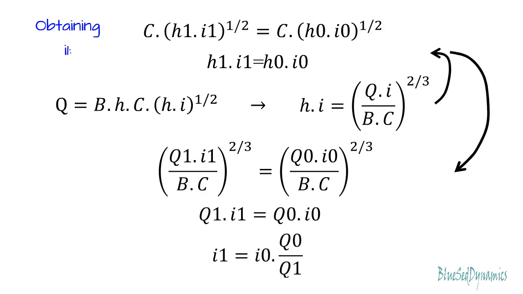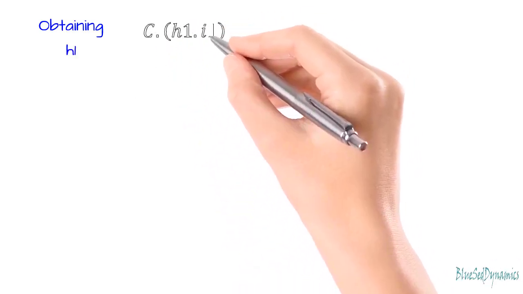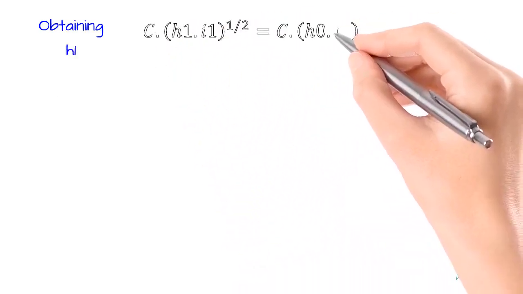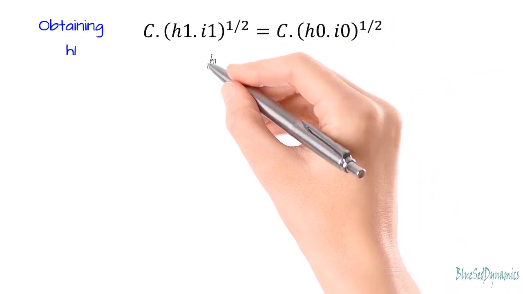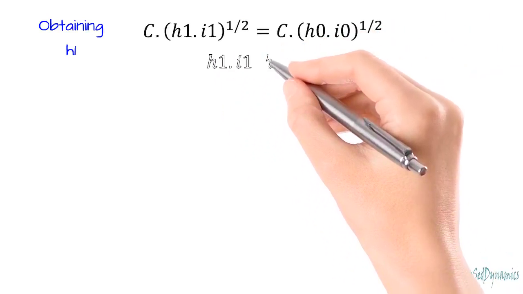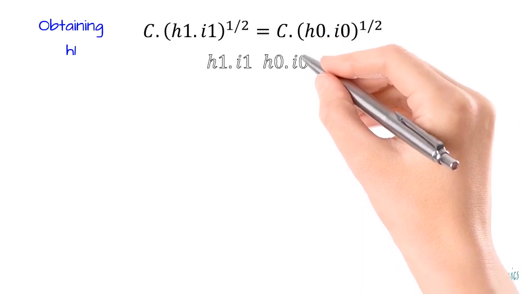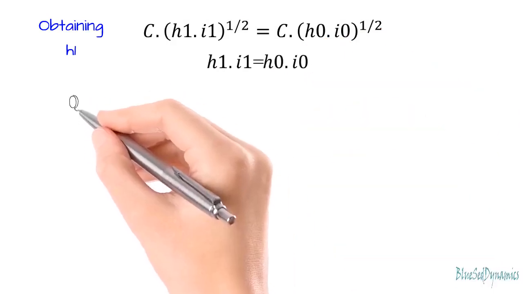To obtain H1, we apply the Chezy's formula in the same way as with the determination of the slope I1. Next, H1 is determined as a function of the original depth H0 and the discharges Q0 and Q1.